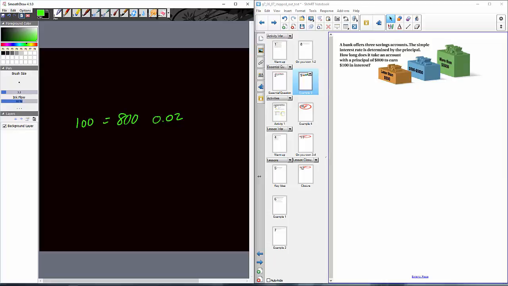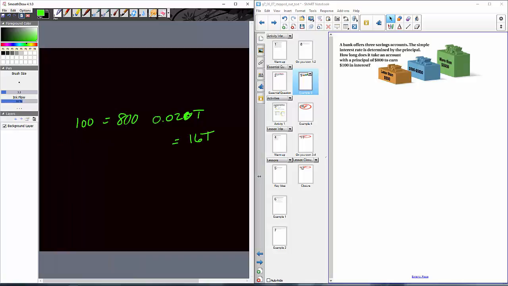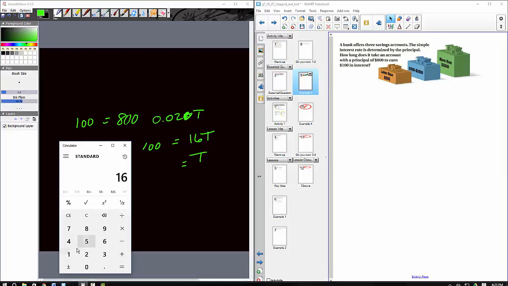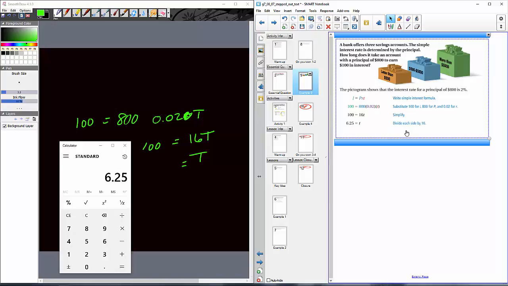And my time, I don't know my time yet, right? I've got to figure that out. So now I'm going to multiply these two things together. 800 times 0.02 equals 16. So now I have 16t equals 100. So t has got to be equal to 100 divided by 16. So 100 divided by 16, I get 6.25 years. So it'll take a while.